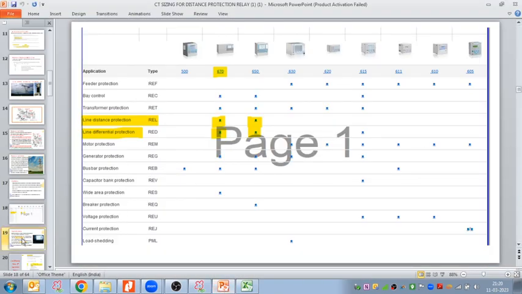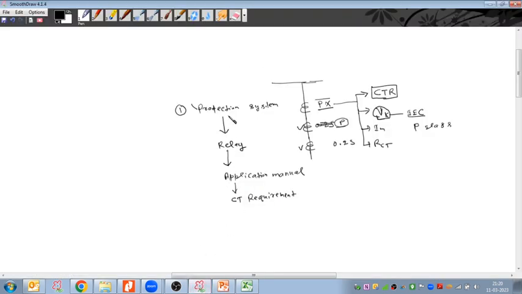So how can we decide the protection system and relay? For that we can take the reference of the tender. We can open the tender and read the control and protection philosophy required by the particular client.